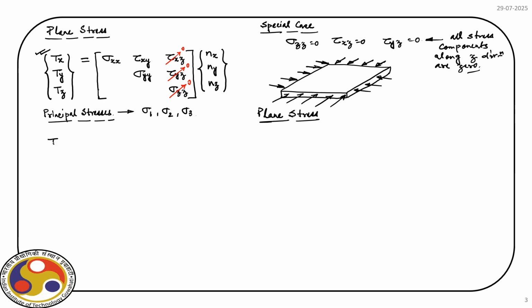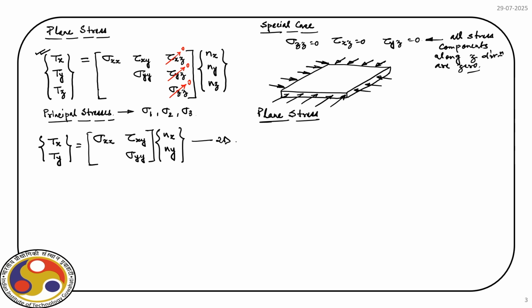So, Tx and Ty is given by sigma xx tau xy sigma yy, and then we have nx and ny. So, it is a 2D problem.